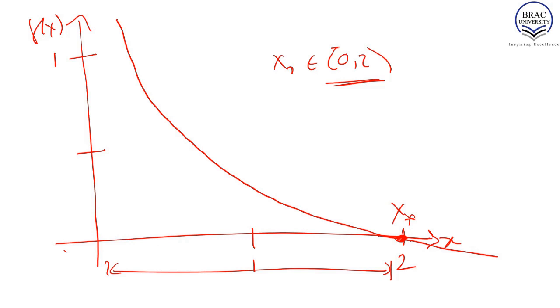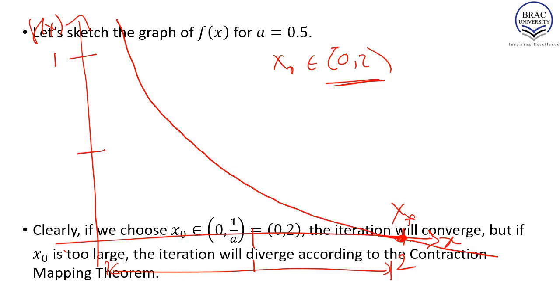But if you choose x naught too large, further along the x-axis here, then the tangent will asymptotically become flat, so it will diverge instead of converging, so we will not get the desired result. So this is the sketch of the graph of f of x at a equal to 0.5.